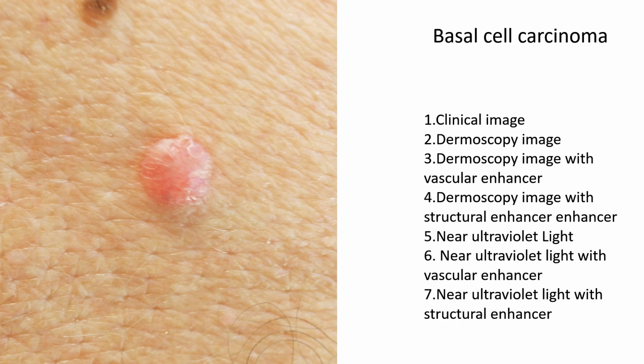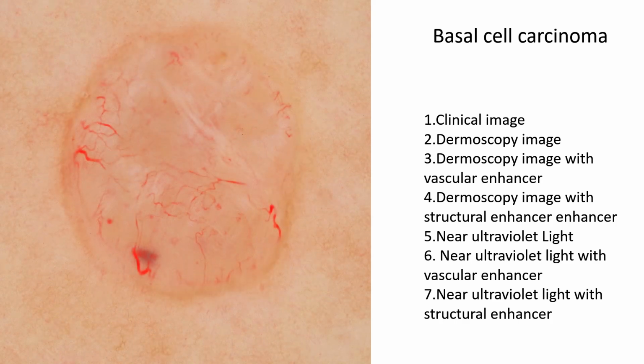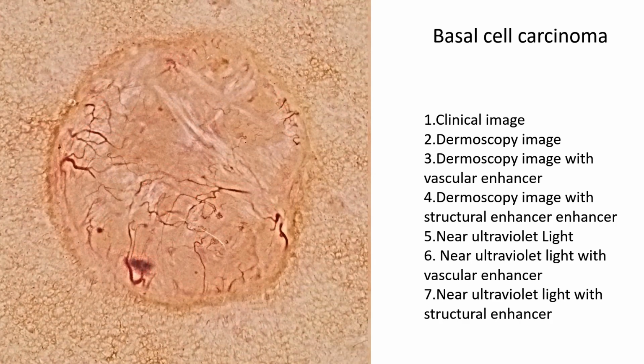This particular case, again, another pink papule. Here we see this milky white area, as well as these fine vessels. We see them more prominently with the vascular enhancer and the structural enhancer.